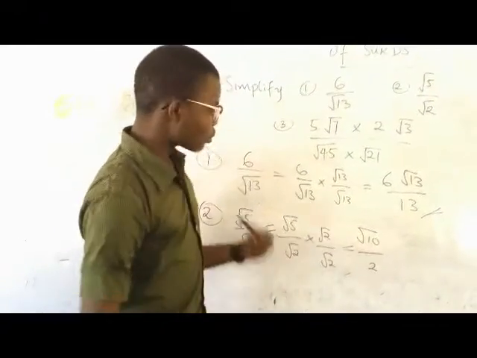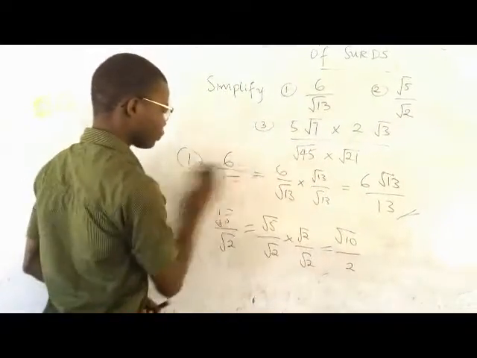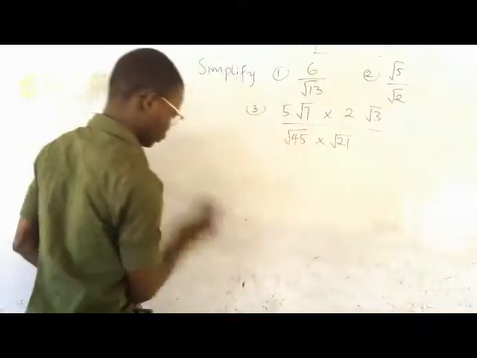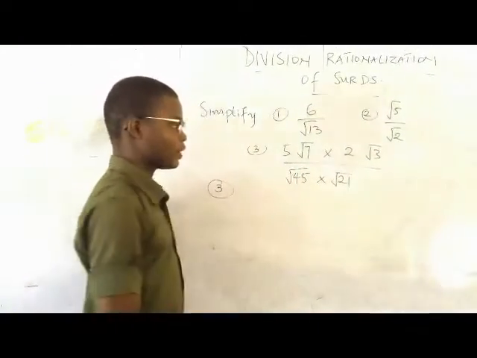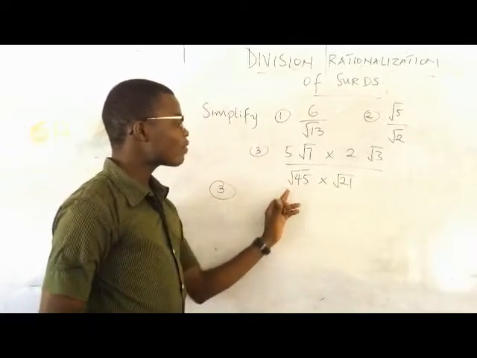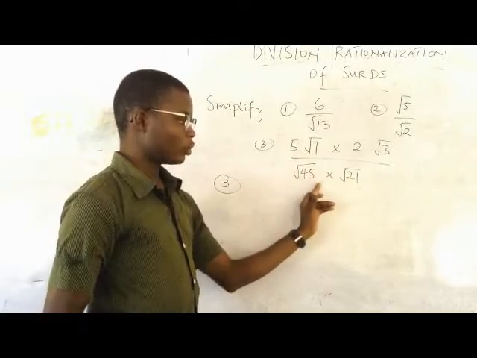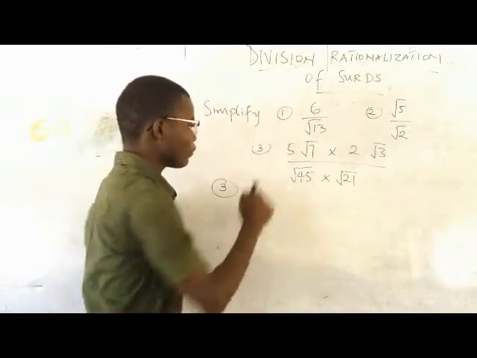Now, let's solve for number 3. Number 3, now we have this. When you have bigger numbers like these under the surd, you first simplify. So we first simplify this.